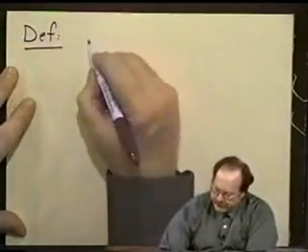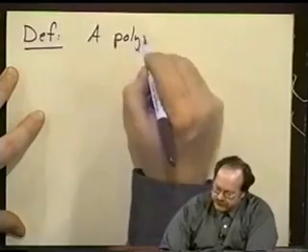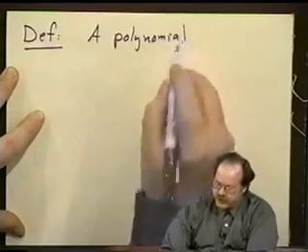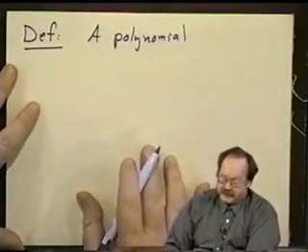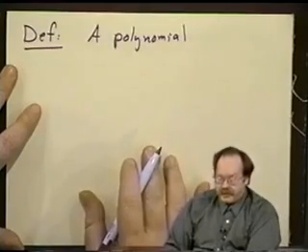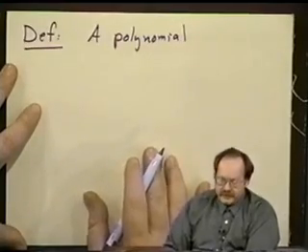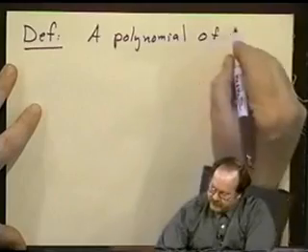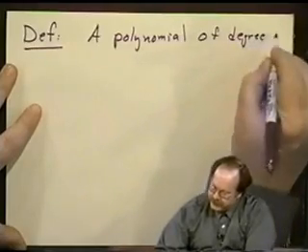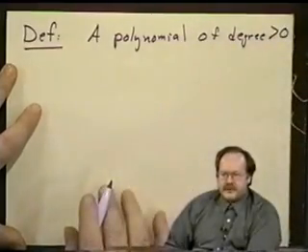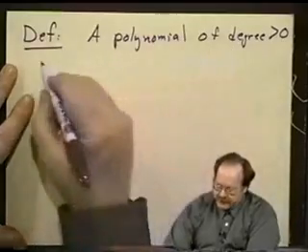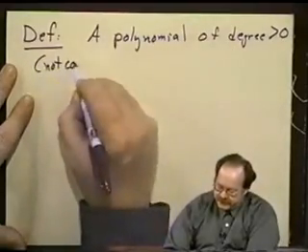Definition. A polynomial, well, first of all, we don't want to deal with numbers, constants, because the natural numbers will factor into primes, but not necessarily real numbers. So a polynomial of degree greater than 0. So we're taking one that's greater than 0, which means it's not constant.